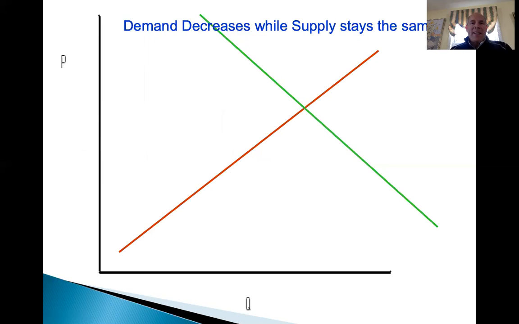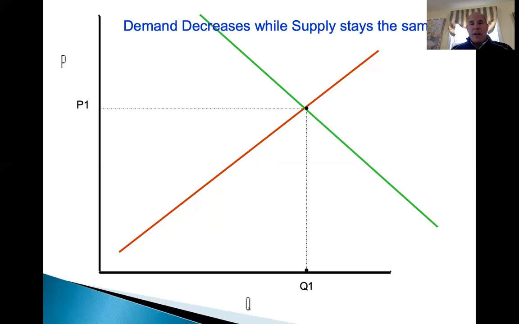Now, demand decreases while supply stays the same. So here you have P1, this is the price, and that's the quantity demanded by people. If demand was to shift, for whatever reason, because people wanted that commodity less, then after the COVID-19 pandemic, the demand for masks and toilet paper should return to normal.